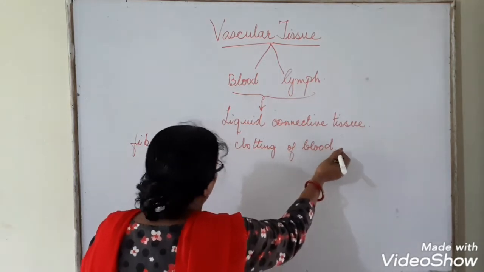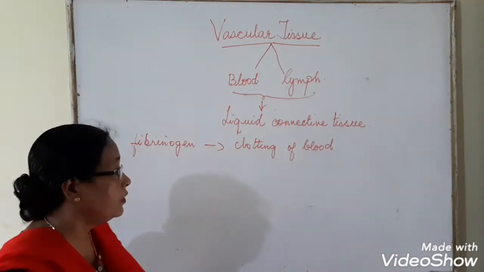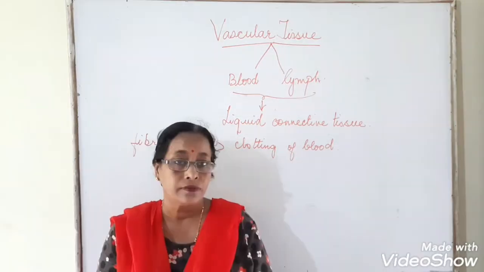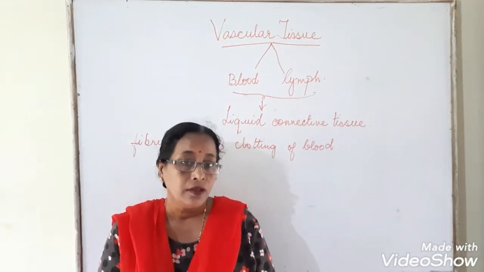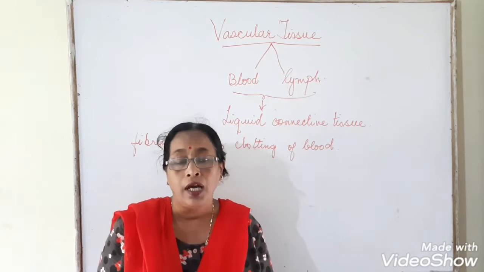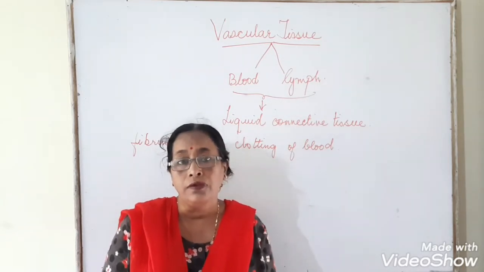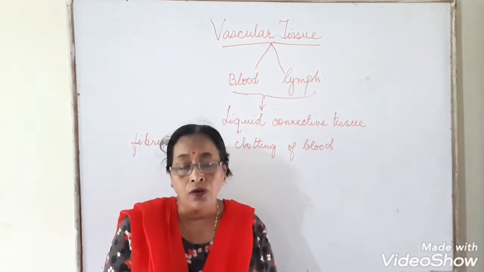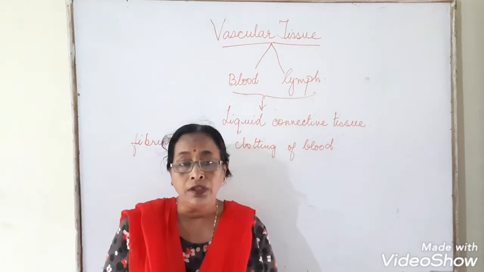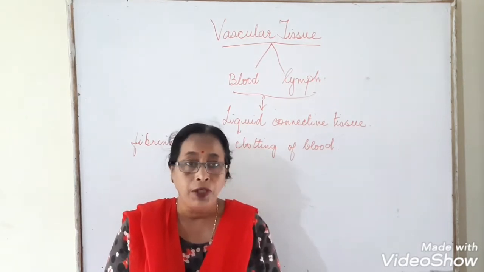The blood in animals is the carrier of oxygen. It contains the respiratory pigment.